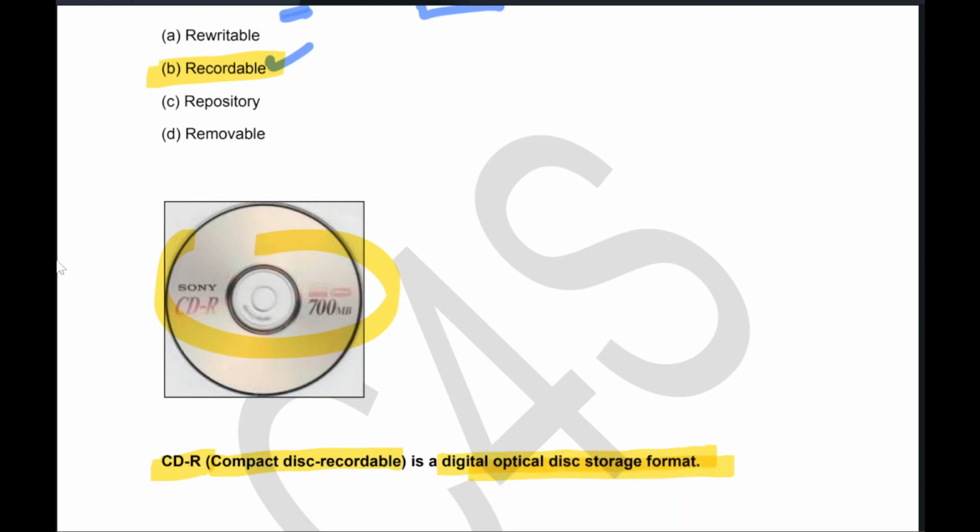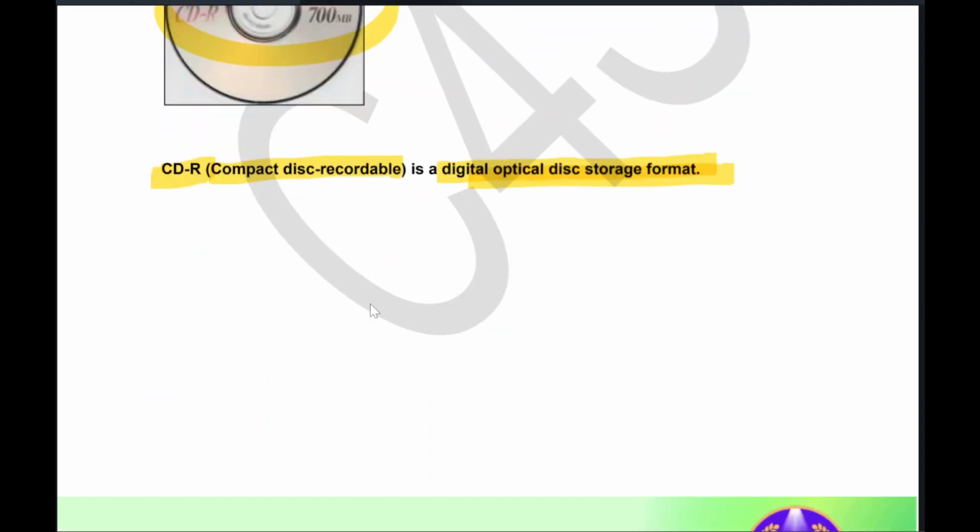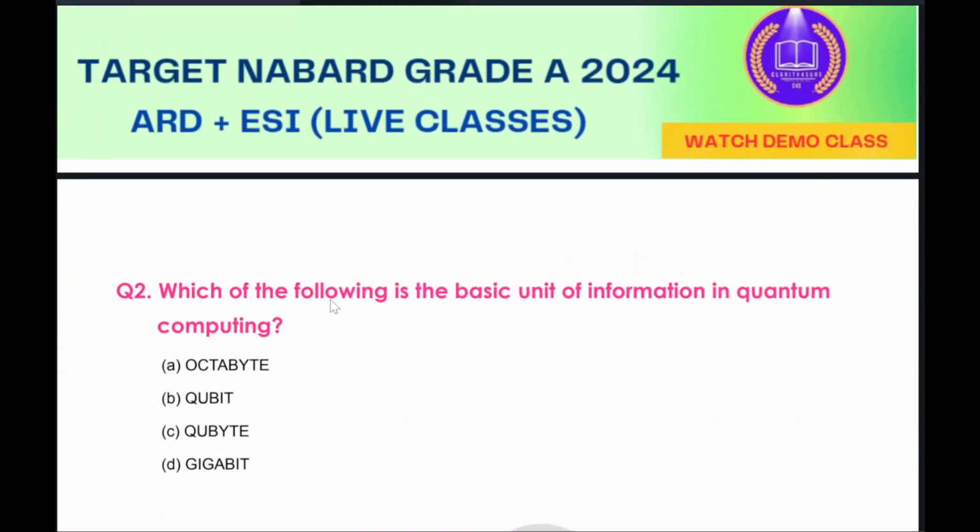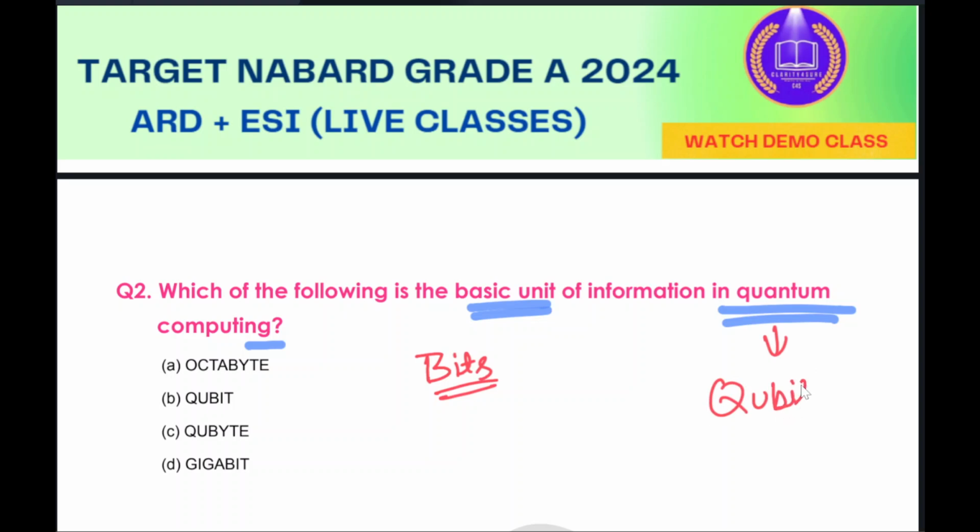Now next question. Which of the following is the basic unit of information in quantum computing? In classical computing, we all know the basic unit is bits, which are 0 and 1. In quantum computing, it is qubits, quantum bits.